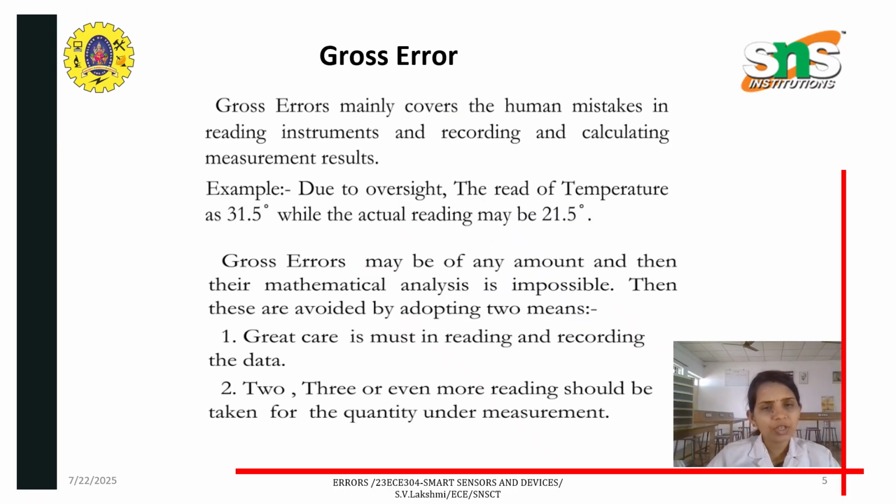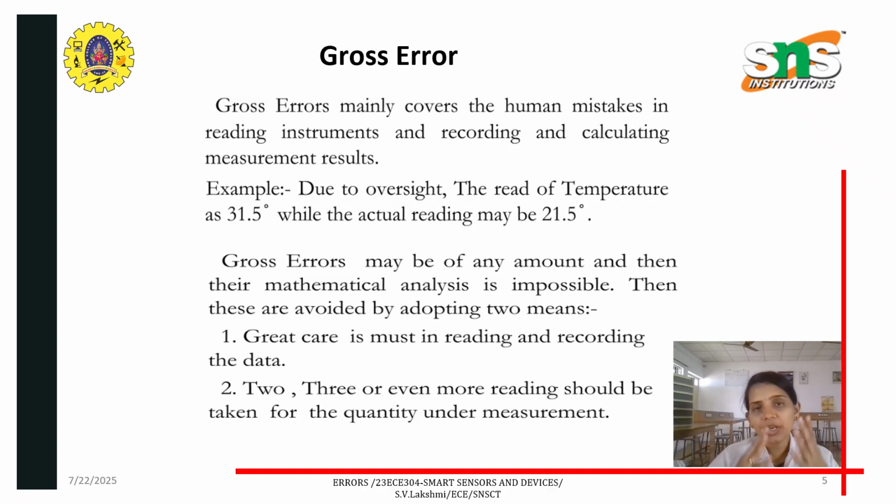Firstly, talking about gross error. As I told, it occurs due to human mistake. Parallax error is a gross error. This type of error occurs when we are recording or calculating the measurement. Instead of reading the temperature as 31.5, we might read it as 21.5. That is human error, and it is very tough to calculate mathematically.